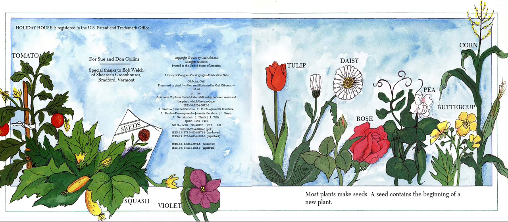Tomato, seeds, squash, violet. Most plants make seeds. A seed contains the beginning of a new plant. Tulip, daisy, rose, pea, buttercup, corn.